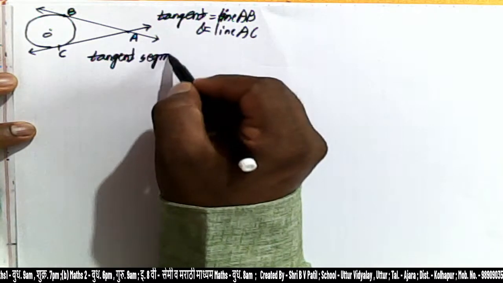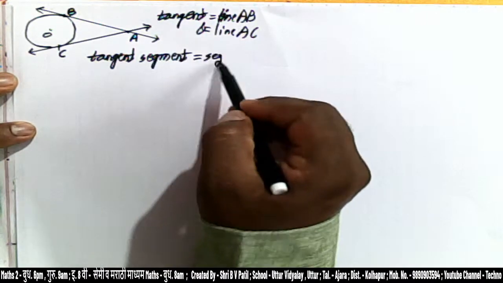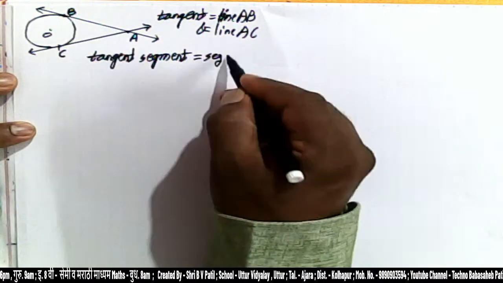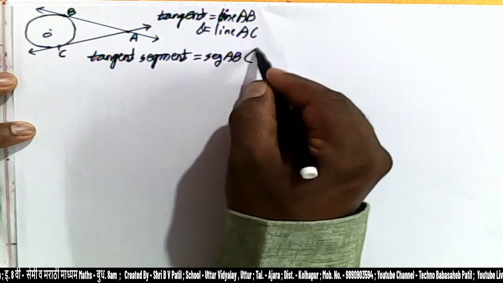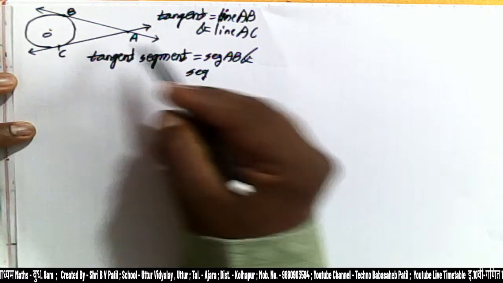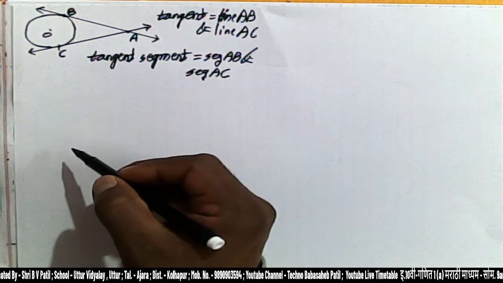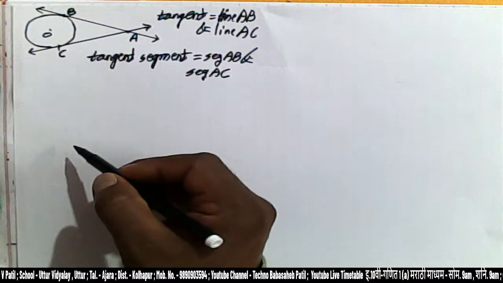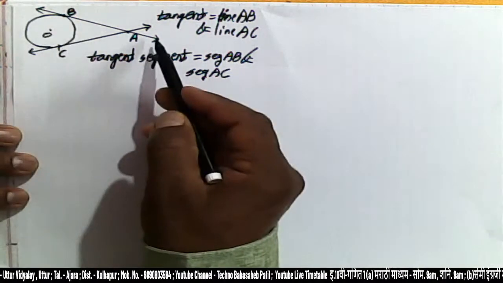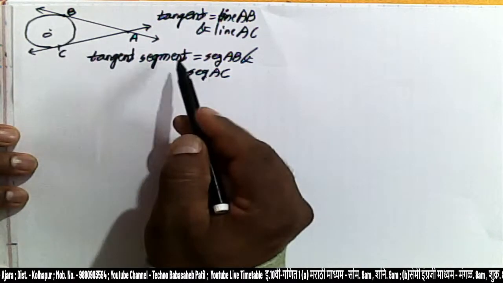Segment AB is called a tangent segment, and segment AC is also a tangent segment. A line is called a tangent and only a segment is called a tangent segment.